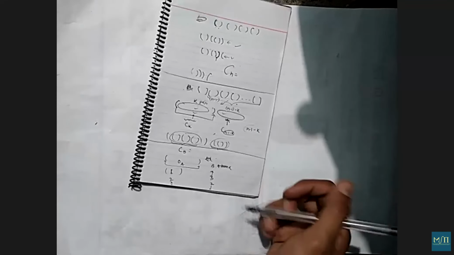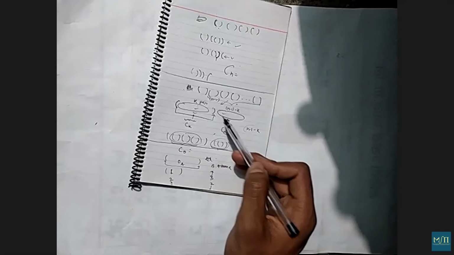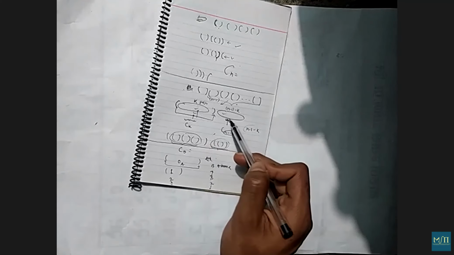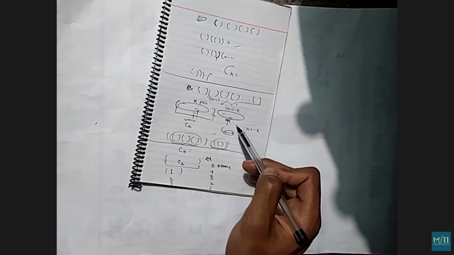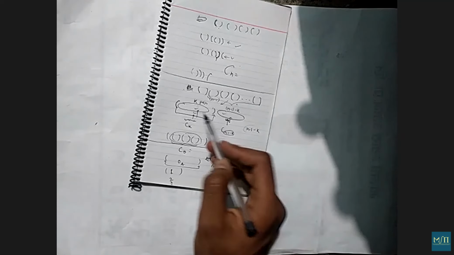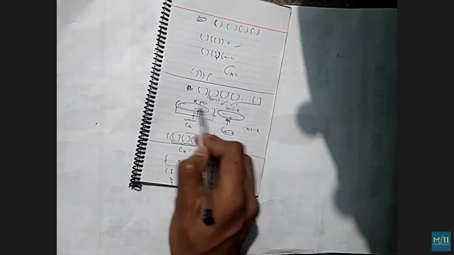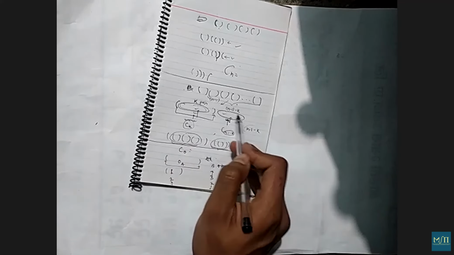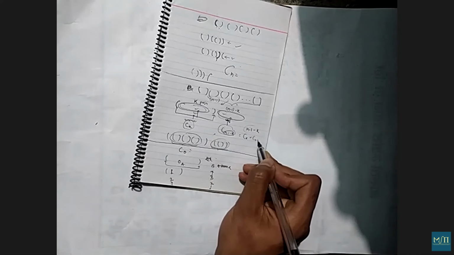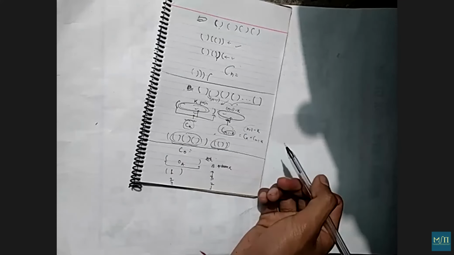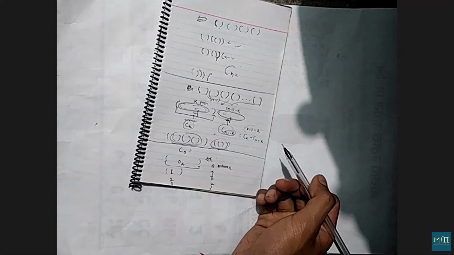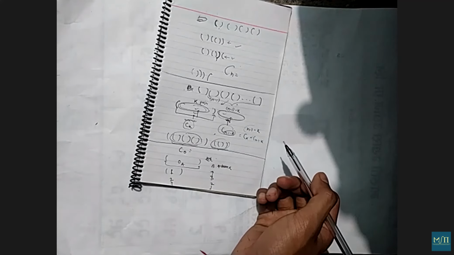Now, how many ways are there to put those brackets over here such that there are k pairs in this segment and n minus 1 minus k pairs in this part? If you can fill this space in c_k ways, and if you can fill this space in c_(n minus 1 minus k) ways, then there are c_k times c_(n minus 1 minus k) ways. People call it the fundamental principle of counting for multiplication, I guess.